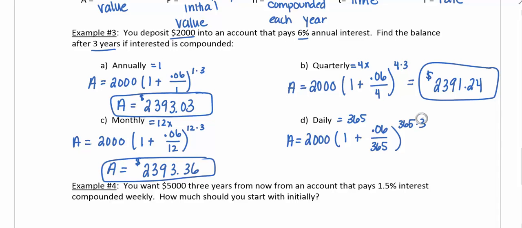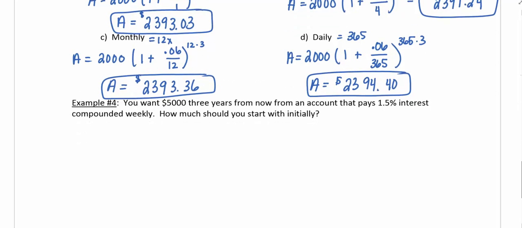That n times t up in that exponent. So when you type that in your calculator, you've got $2,394. Okay, so based on the number of times it's compounded, you can make different amounts of money, which is great. We always want to make money on interest.